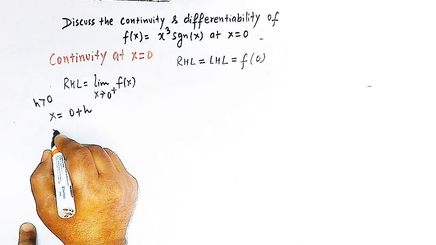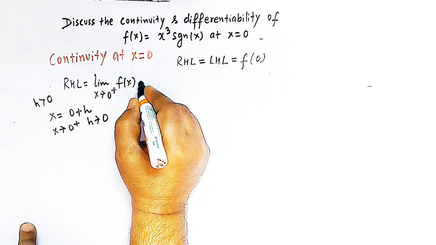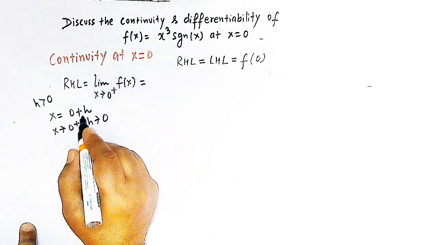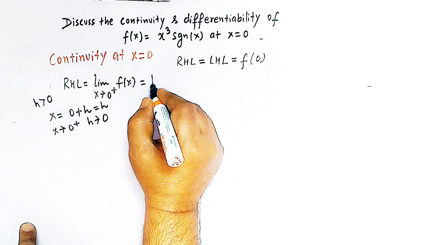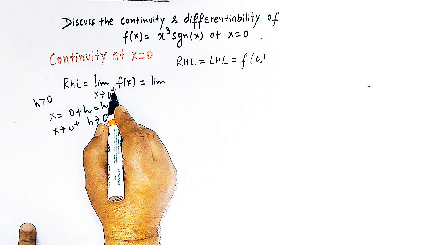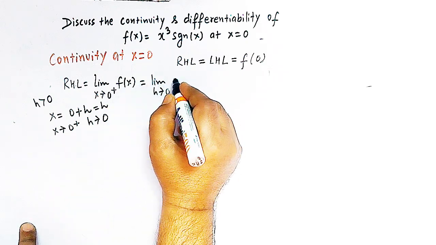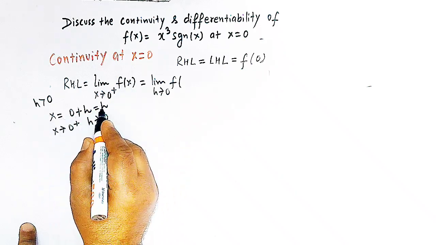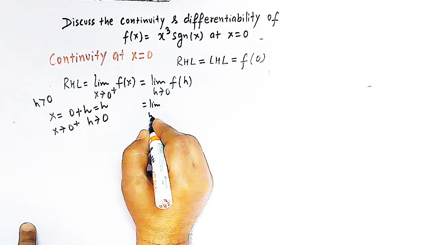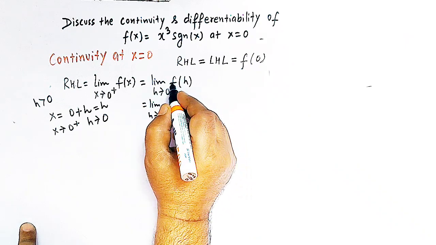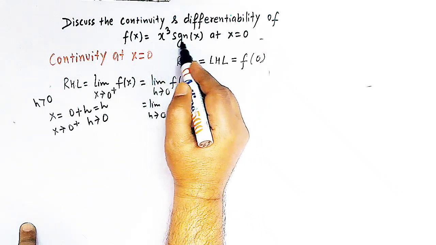So when x tends to 0, then obviously h tends to 0. Now writing this limit in terms of h, that is x is equal to 0 plus h, that is h, we have limit h tends to 0, and f of h can be obtained by replacing x by h in the function.